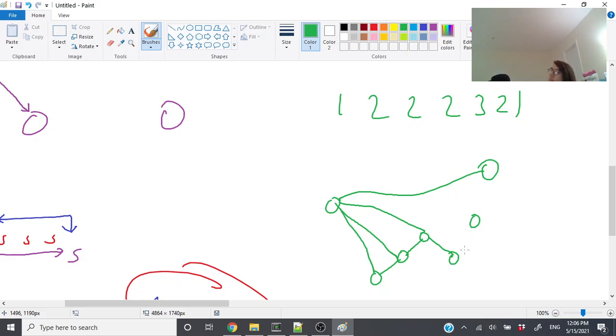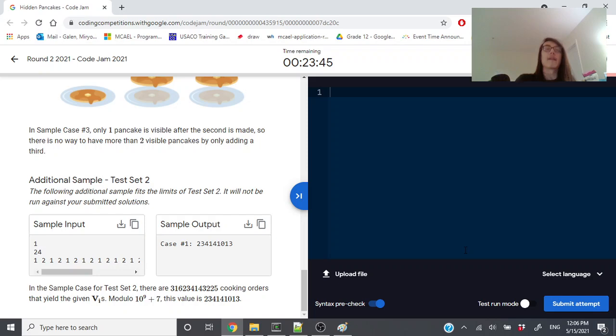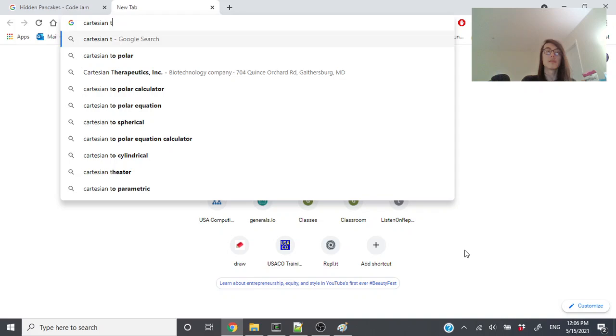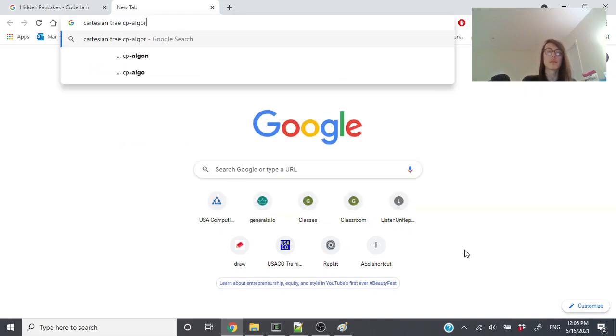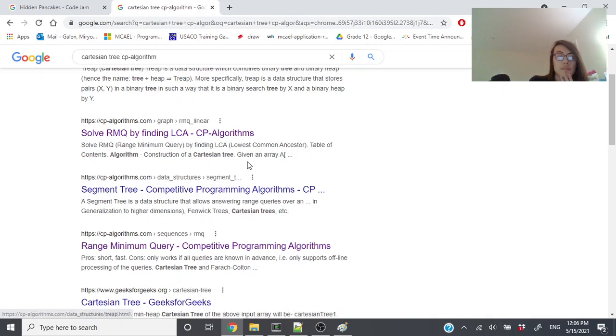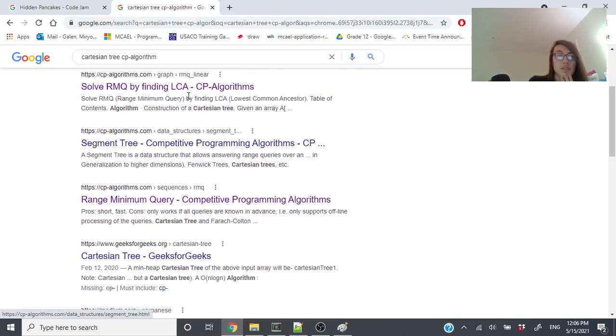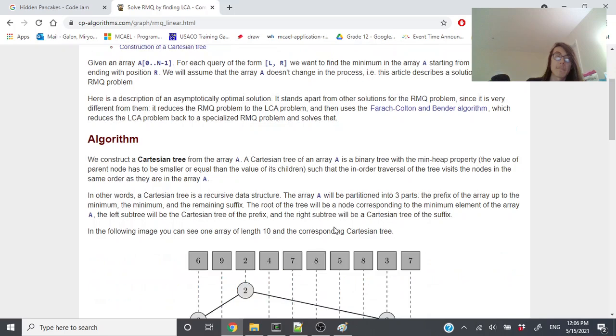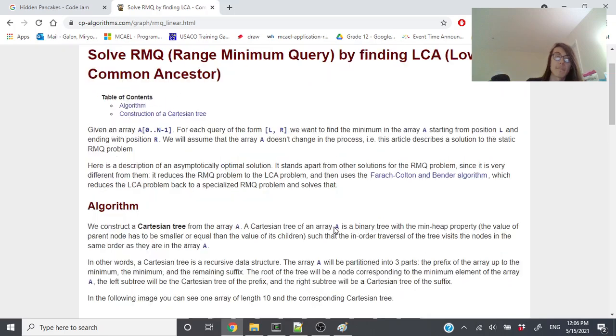Right? Yeah, it is. Okay. I need specifically Cartesian trees. Why would this be here?